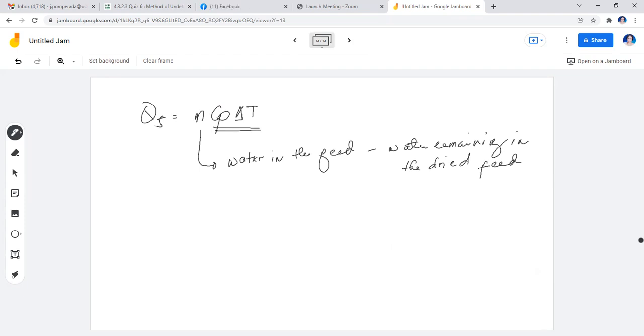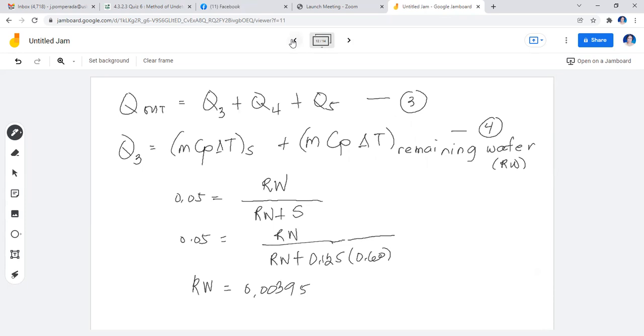Why? Your M here, the M that we're going to place in here is 0.125 times 0.4. This is the initial water content minus the amount that we already determined a while ago, the remaining water based on the final moisture content of the dried wet stock. And that's 0.00395.